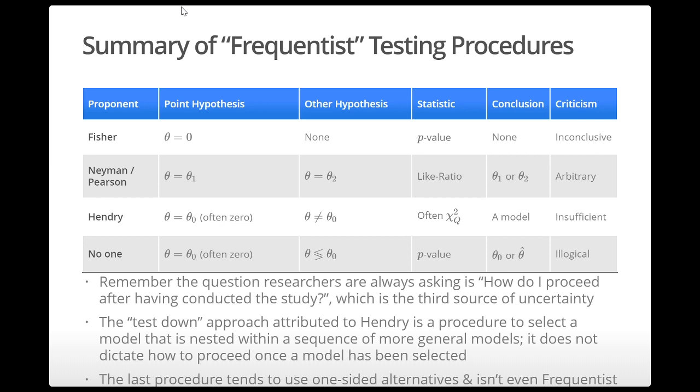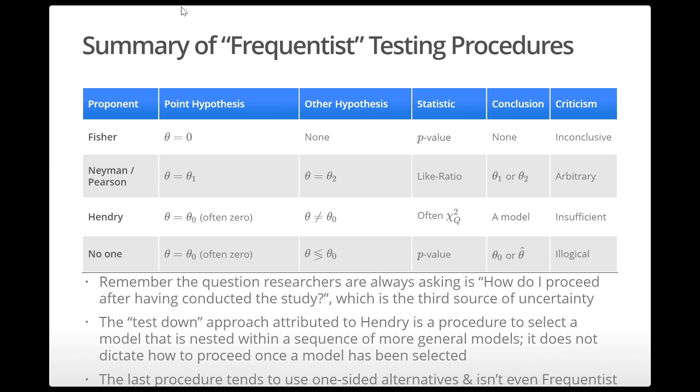For many decades, and it's been changing a little bit recently, the applied researcher community, inclusive of journals, inclusive of grant making agencies and so on, have gone to this approach that no one really explicitly advocates, but you still have a point null hypothesis, oftentimes that some parameter is 0, and you're more likely to have a one-sided alternative hypothesis.